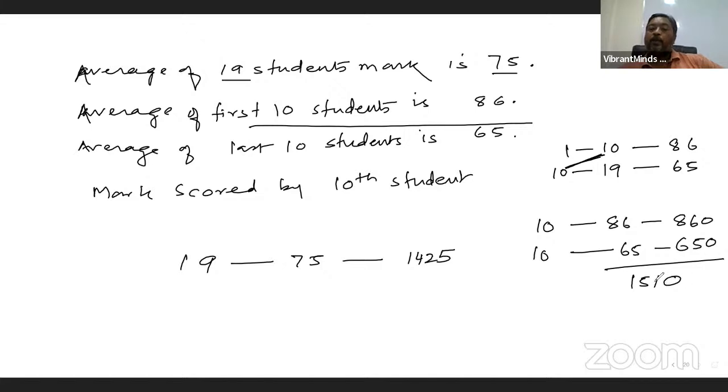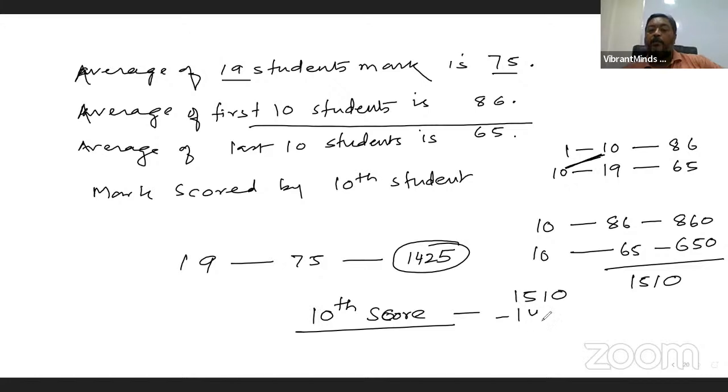So understand, whatever the number exceeds 1425 is just because the 10th has been calculated 2 times. So the 10th student's score will be 1510 minus 1425. The 10th student has scored 85 marks.